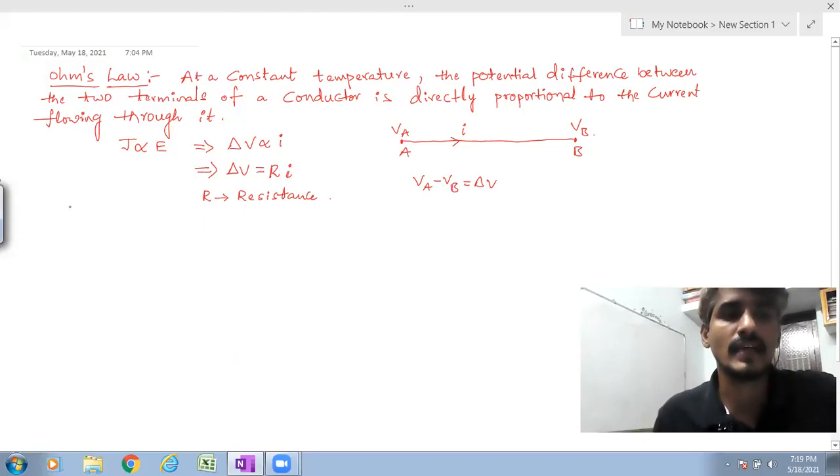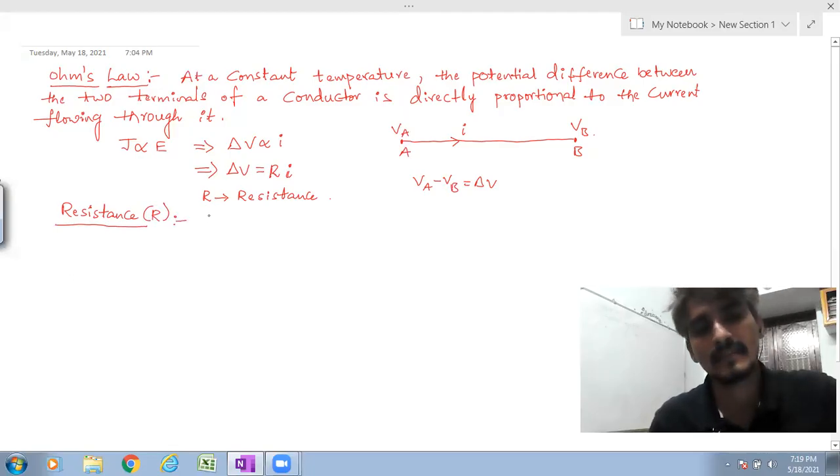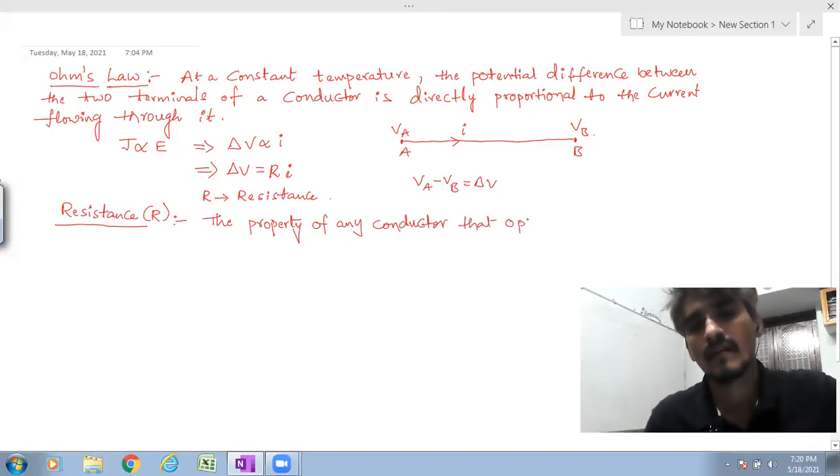So here we are writing R as resistance. How can we understand the resistance? Resistance of a conductor is denoted with the letter R, and it can be defined as the property of any conductor that opposes the flow of electrons.